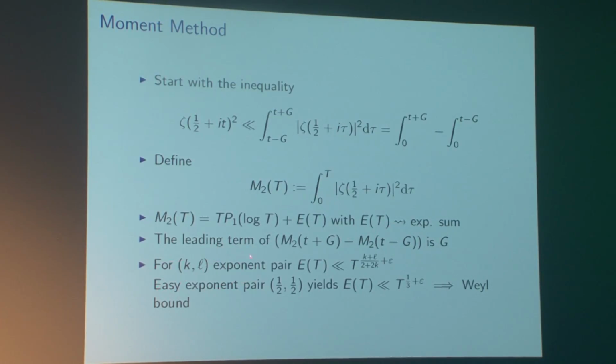And if you take the exponent pair (k, l), then you have this bound for the error term here. For example, if you take the trivial exponent pair (0, 1/2), then you'll get T to the power 1/3 plus epsilon, and this will recover the Weyl bound. So the moment method also gives you the Weyl bound.